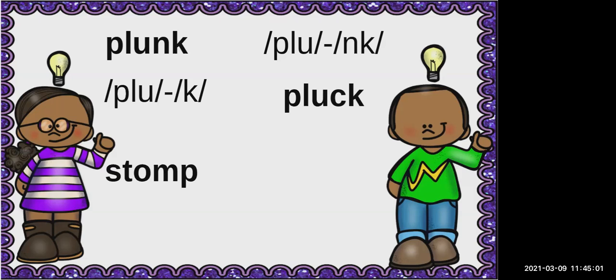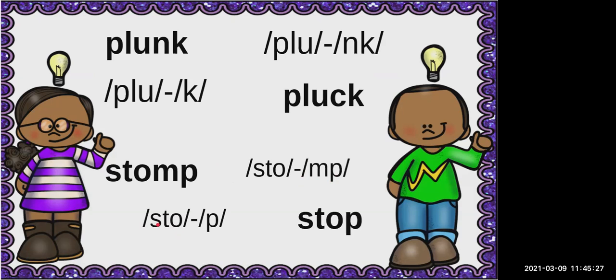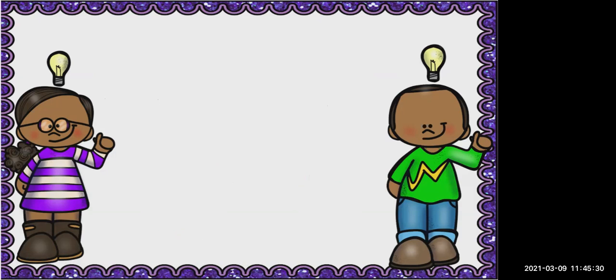Now our next word is the word stomp. Stomp. If we break it apart to the blend, we have stomp. mp is the blend. And we're going to get rid of which part of that blend? The m. So now our new word is just stop. So the new word is stop. Very good.